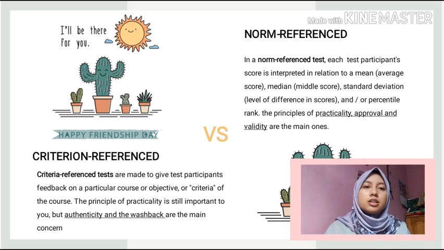Here, there is a responsibility required by the teacher as the test administrator to provide useful and targeted feedback to the student, or what Brown calls instructional value. In this test, the principle of practicality is still important, but authenticity and washback are the main concern.